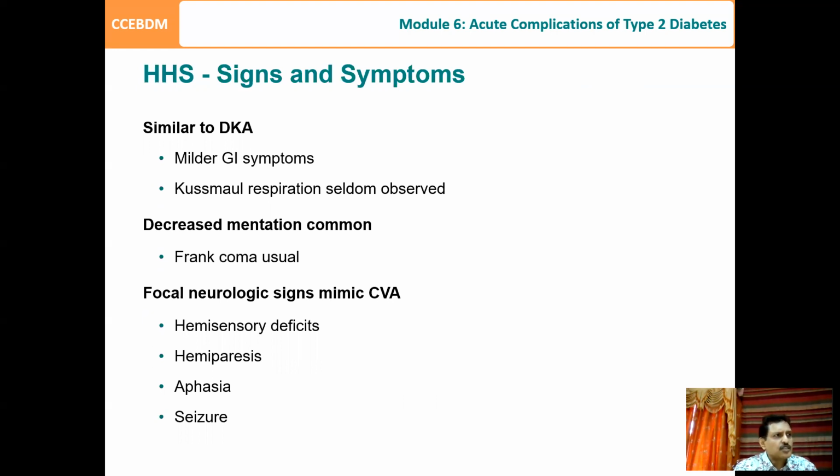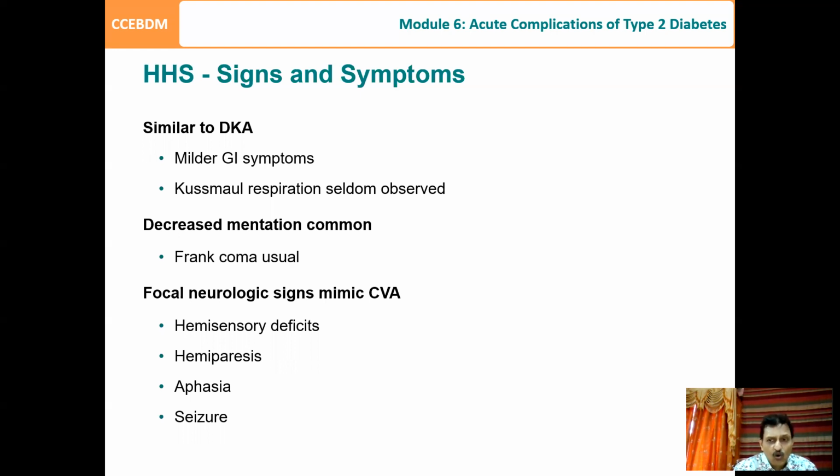So signs and symptoms: few symptoms are similar to DKA, but we don't find the GI symptoms much. Frank coma is a common presentation, which is not common with DKA, but we can also find some neurological signs which mimic cerebrovascular accident: hemisensory deficit, hemiparesis, aphasia, seizure.